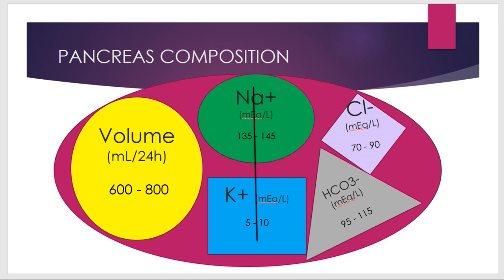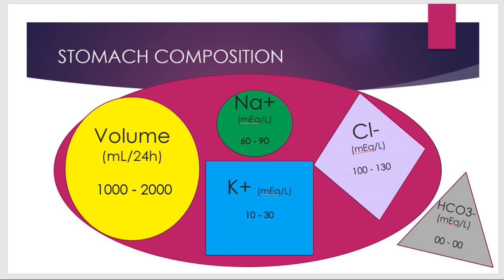Clear? Okay. In GI secretion, two things we have discussed, the bile and pancreas. Now in succession we will compare the stomach with the small intestine with the colon simultaneously. Now this is the third one, the stomach composition. If we compare the stomach composition, this oval pool, this gastric secretion, has only four important parameters here.